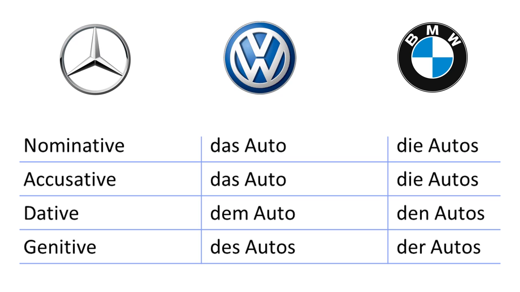They have the same spelling, but then you come down to the dative and it's dem Auto, or den Autos, or des Autos for the genitive, or der Autos. And so just to show you that the same word for car can be spelled different ways, and it requires a different definite article spelling depending on its use or function within the sentence, depending on the case in which it occurs.